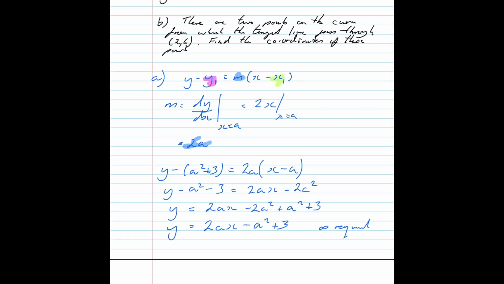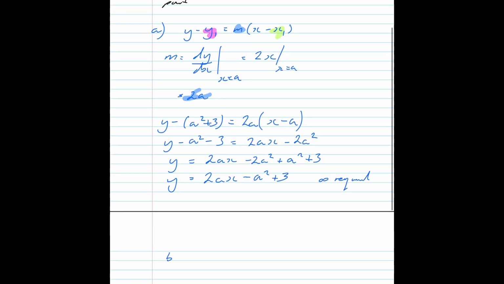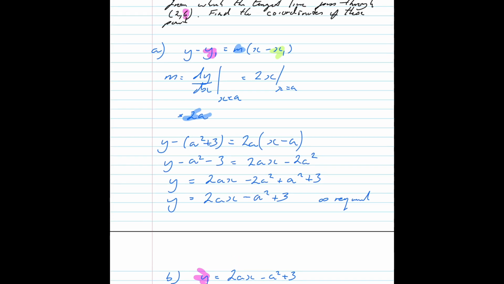Now part B. Part B is asking us to find the specific points where the tangent line goes through (2, 6). So what we can do is take our tangent line and put in the y value of 6 and the x value of 2, a point we know is on our line.